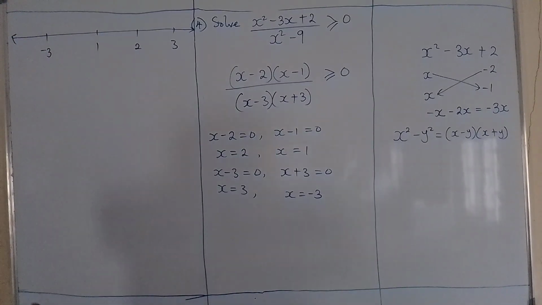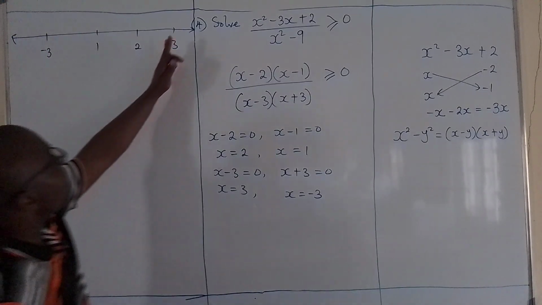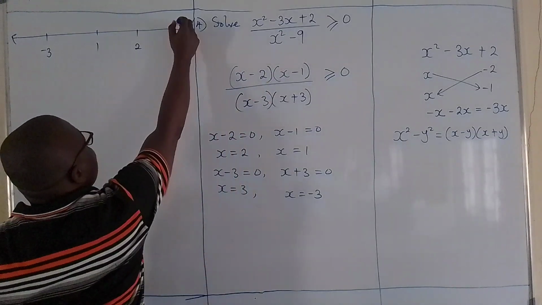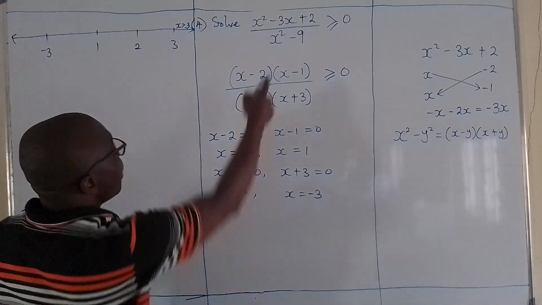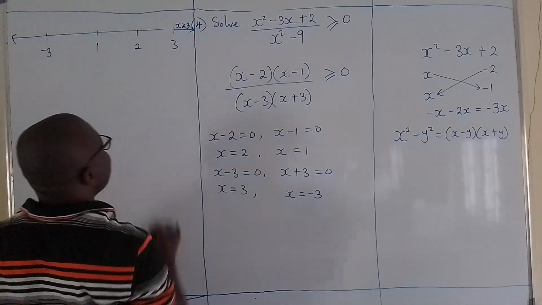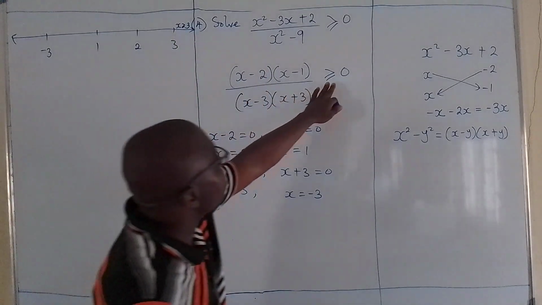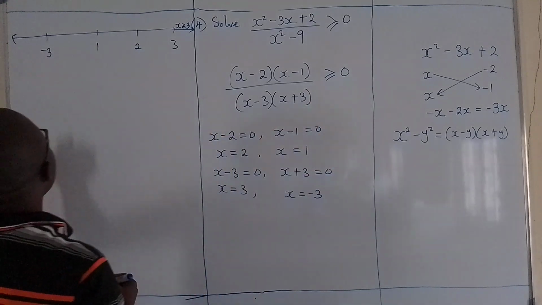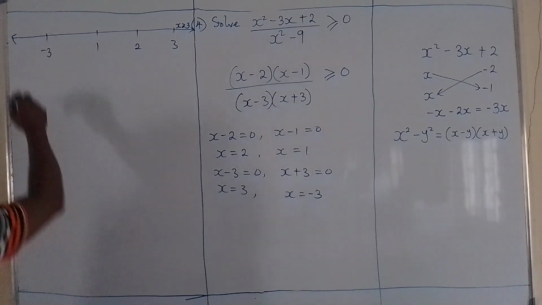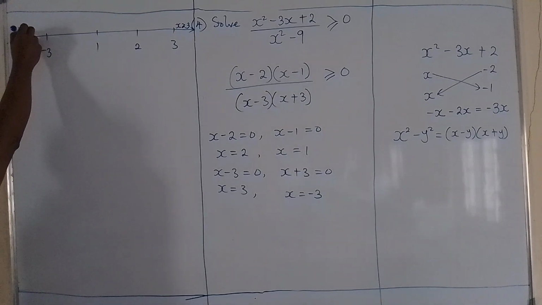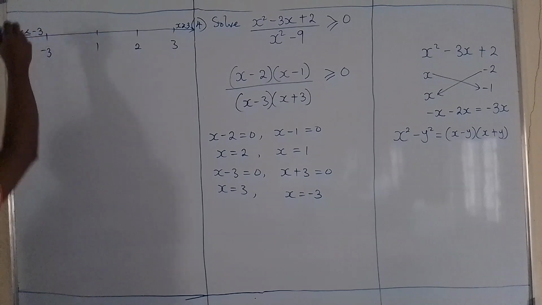Looking at that number line, all the numbers this way are greater than 3, so that is for x is greater than or equal to 3. Greater than or equal to, that's the sign that is there. All the numbers this way are less than minus 3, which means that this is for x is less than or equal to minus 3.